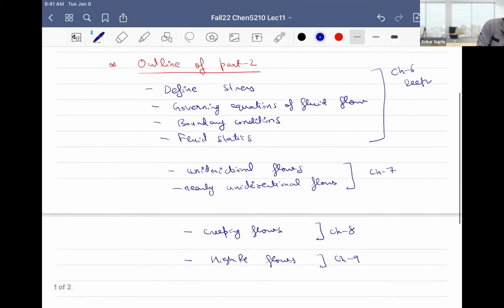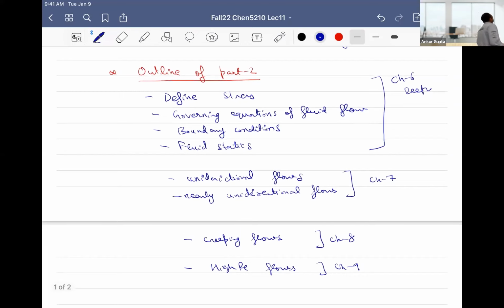This is what you can expect to learn in this part, and I hope you can see the structure coming through. The emphasis is on learning the governing equations and boundary conditions, and then learning how to simplify them for unidirectional flows, nearly unidirectional flows, creeping flows, and high Reynolds number flows. That's the whole outline of part 2.